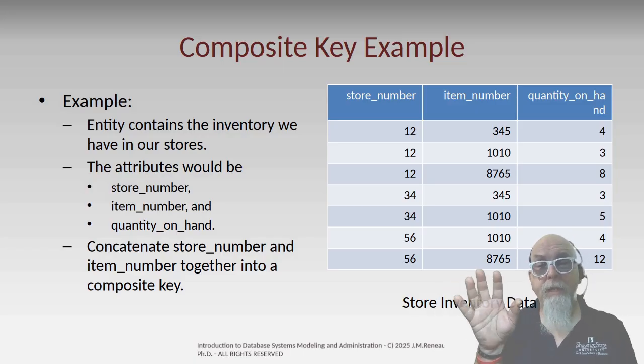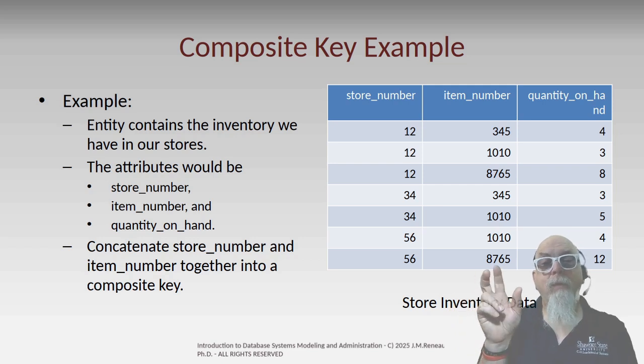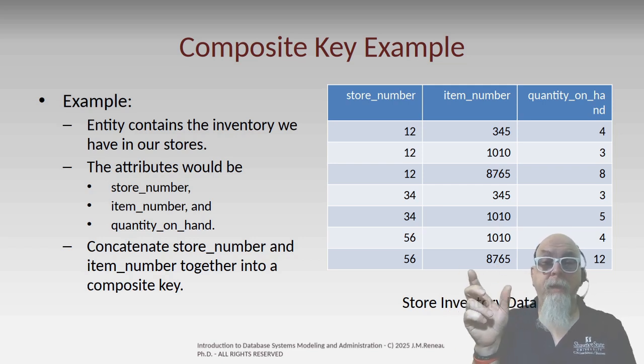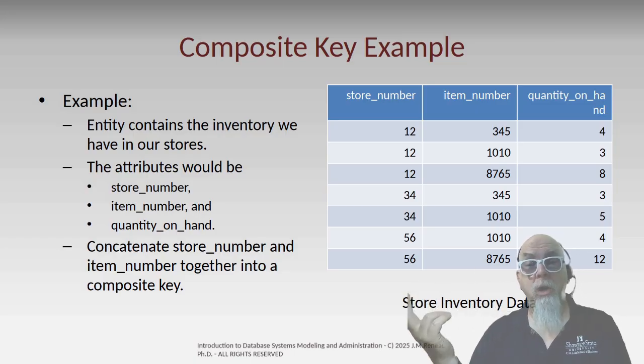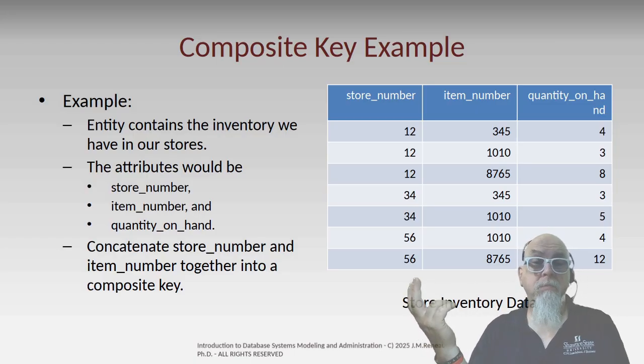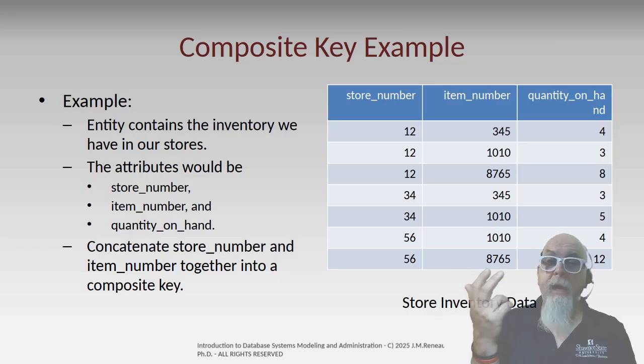So this table, this entity has three attributes: store number, item number, and quantity on hand. And what would be the unique identifier? Is store number unique? No, because you can see the store number repeats multiple times. Is item number unique? No, you see the item number appears multiple times.